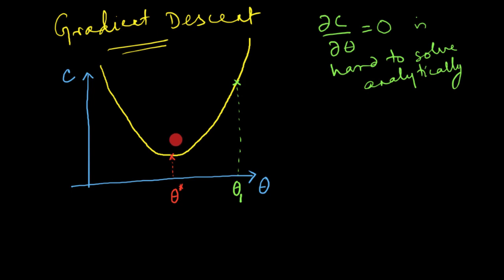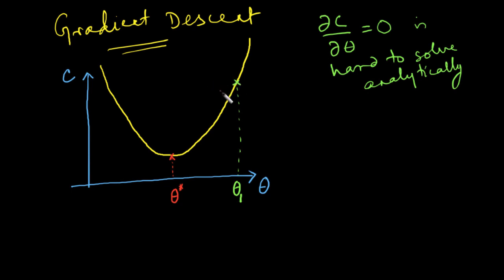So now dou c by dou theta at theta star is 0, but at theta 1 we can see that it is positive. What does that mean? That means that the value for dou c by dou theta at theta 1 points towards the right, but now you need to move towards the left.